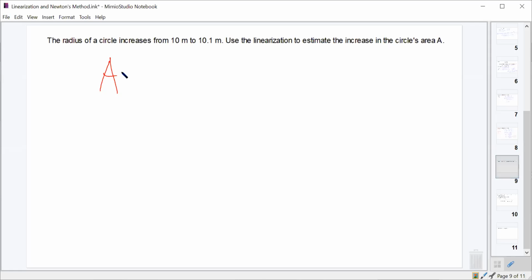What is the area of a circle? Pi r squared.